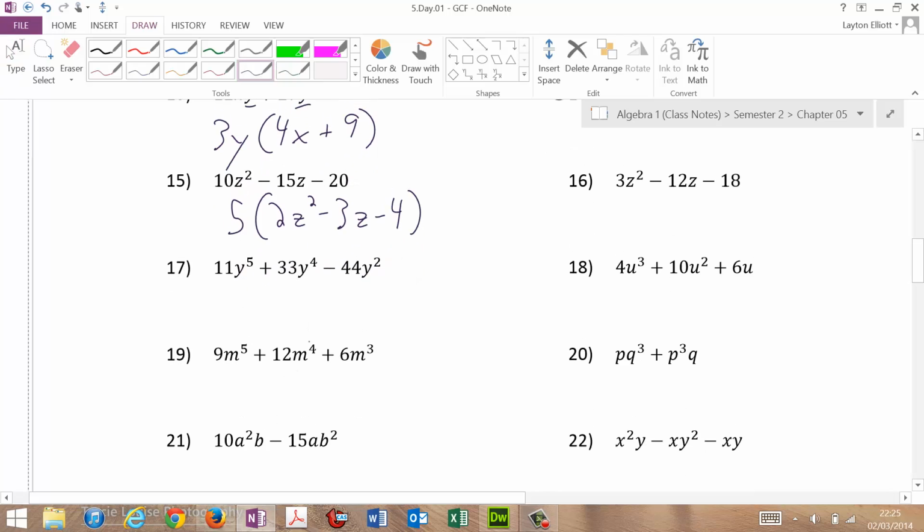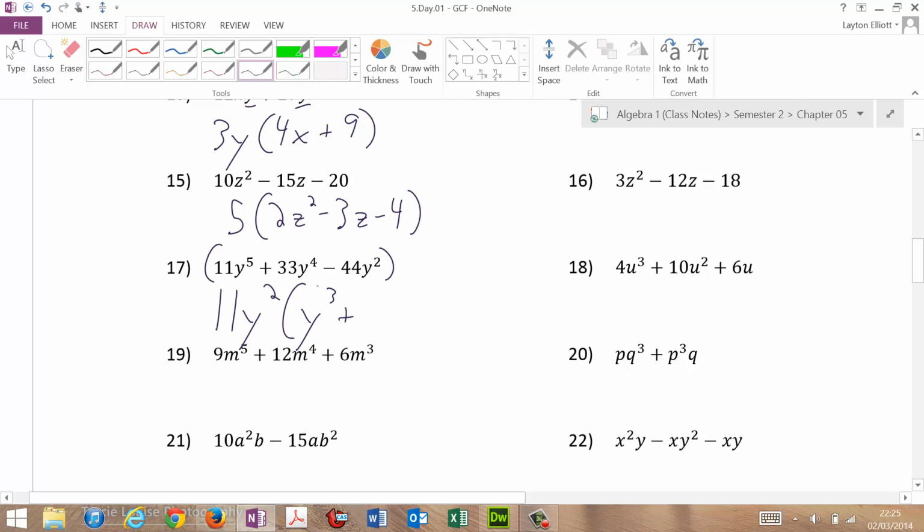Number 17, if I divide an 11 out of each of these, then the biggest power of y I can divide out is not just a y, it's a y squared. That's the greatest power I can take out because it's the smallest power that's present. So if I pull out a y squared, I'm left with 11 takes out of 11, but the y to the fifth, if I pull a y squared out of that, I'm left with a y to the third.